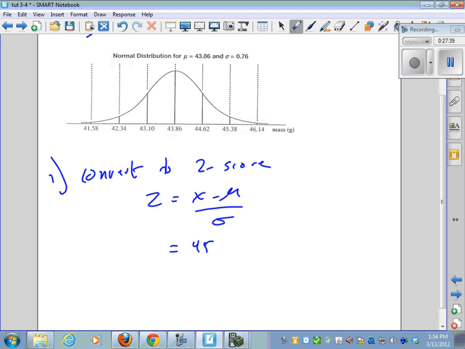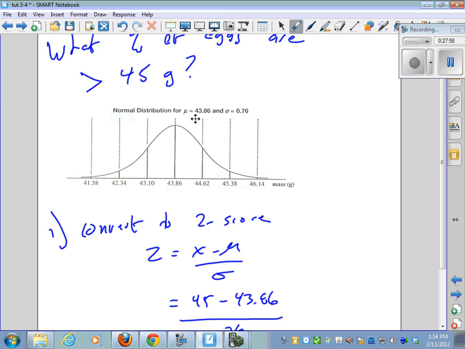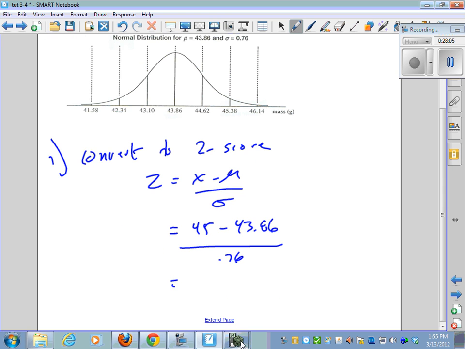So 45 minus my mu, which is 43.86, all over the standard deviation, which is 0.76. In other words, how many standard deviations is it above the mean? How did you get the standard deviation? It's right there. It's going to be given to you in the question. Okay, so I go to my calculator.